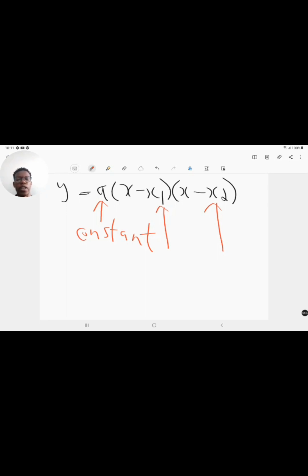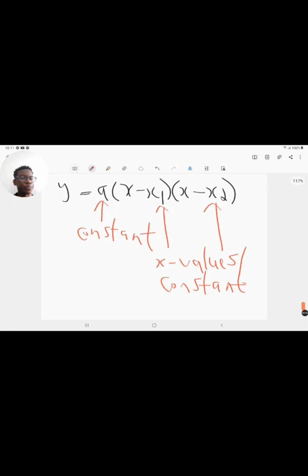So these are your x values and they are constants. They are constant values for a particular graph or particular parabola. I'm going to explain what that means now.